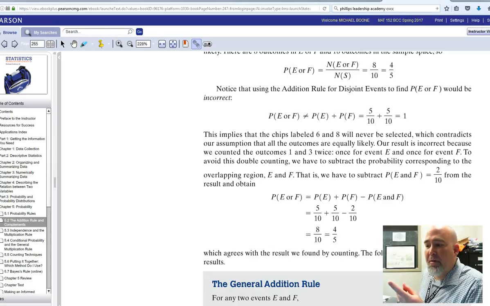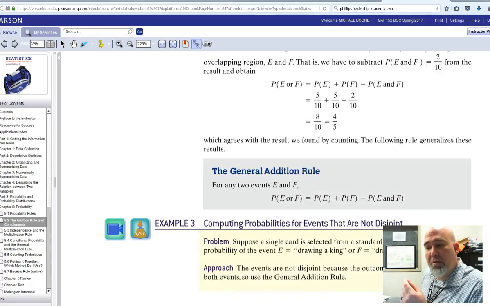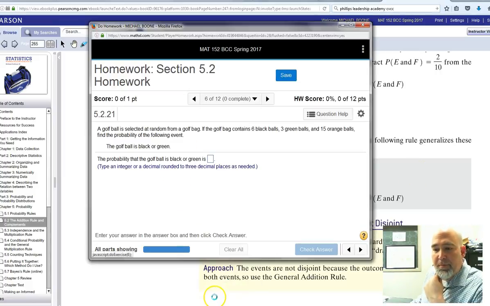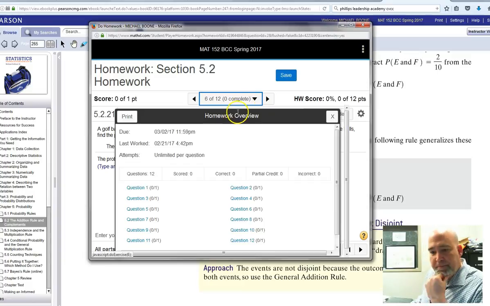I've added up the 2 of hearts twice. So this is where this addition rule talks about subtracting the overlap because you've added them twice. We have to be aware of this when we're doing some of these problems, that they do overlap. Not in this particular case, but in some of the problems.